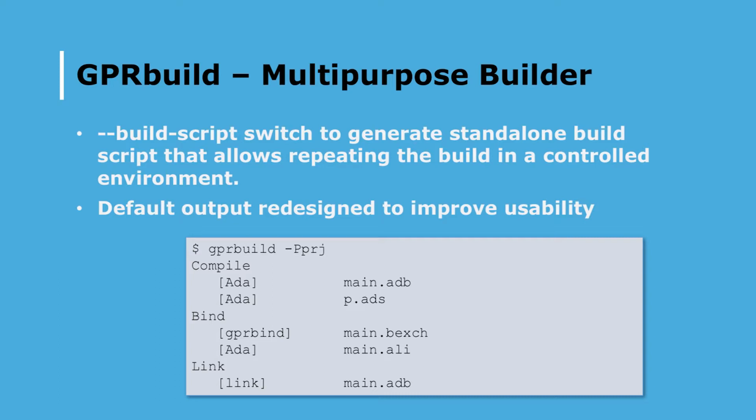Concerning GPRbuild, which is our multi-purpose and multi-language builder, there are several improvements this year. In particular, there is now a build script switch, which is able to generate a standalone script, a standalone shell or batch file for Linux or Windows, and basically allows you to provide a complete trace of all the steps taken and used for doing your build, and to allow reproducing a build from scratch without using GPRbuild, without using any project file, just using this script file.